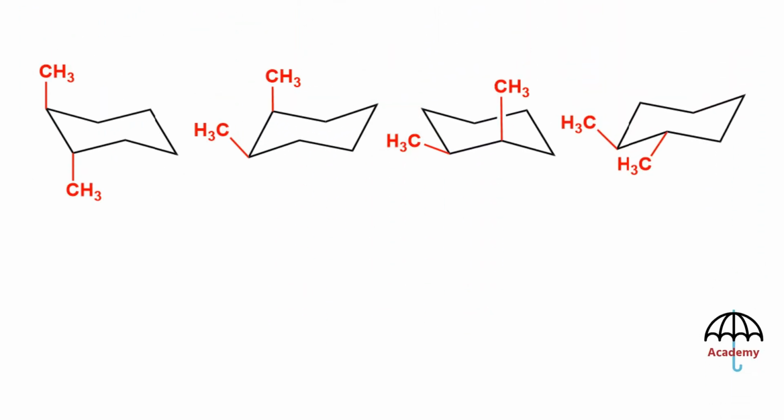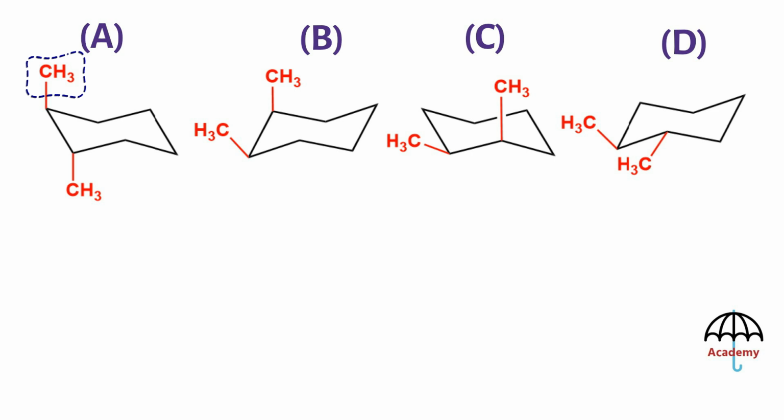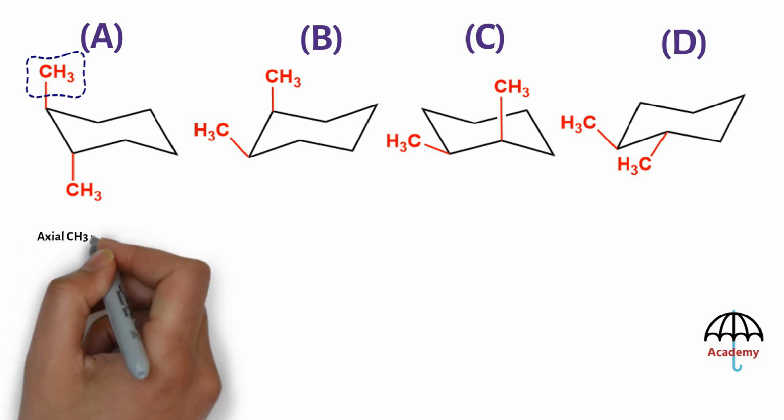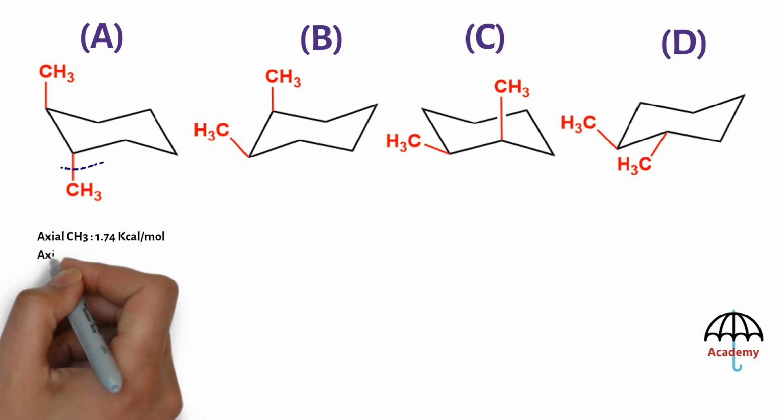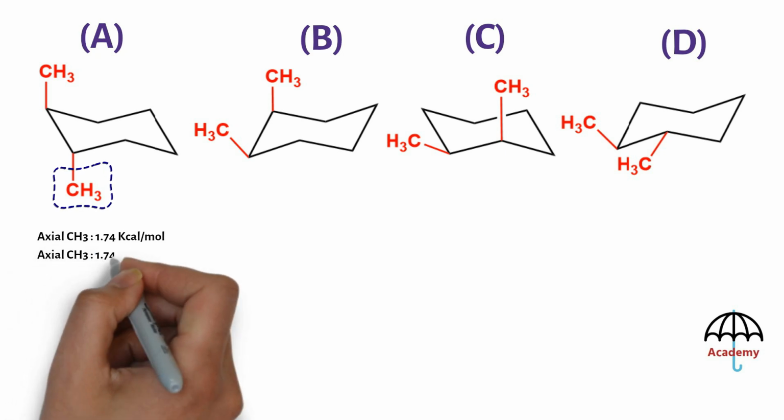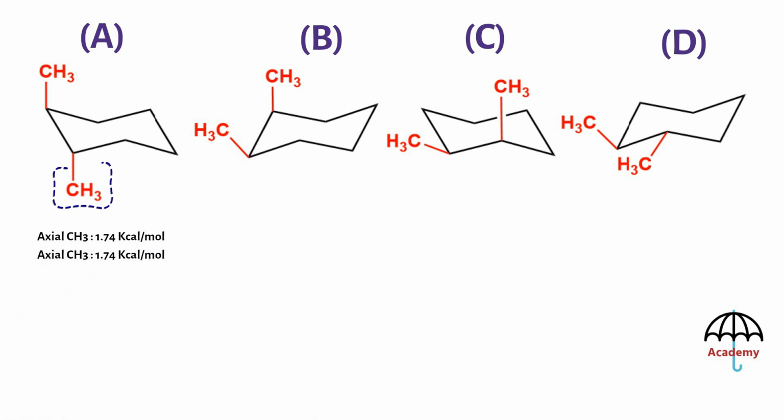Consider these different conformations of 1,2-dimethylcyclohexane. Let us mark them as A, B, C, and D. In this conformer A, an axial methyl contributes 1.74 kilocalories per mole torsional strain. Another axial methyl also contributes the same amount of torsional strain.